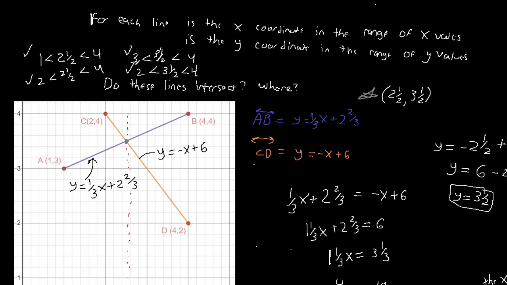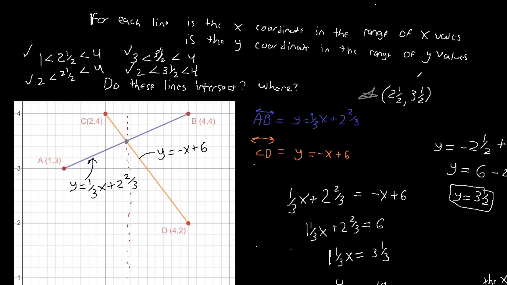The answer to that is also yes. So we've gotten all four of these questions back yes. That means we know the intersection is within the range of all of the lines. So indeed, these two lines do intersect at the point 2.5, 3.5.